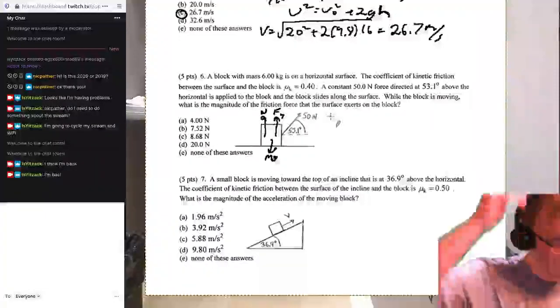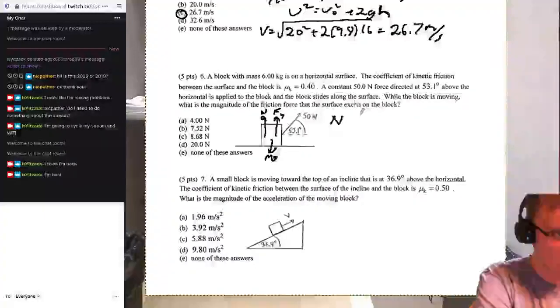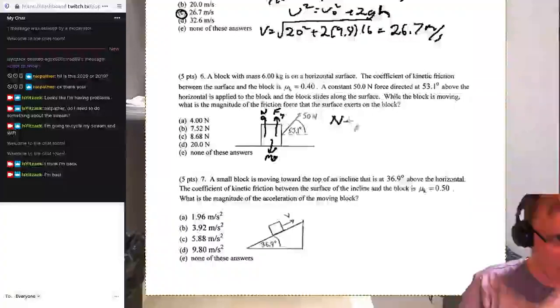So then we end up with normal plus 50 newtons times the vertical component, that's a sine of 53.1 degrees, better known as 4/3.